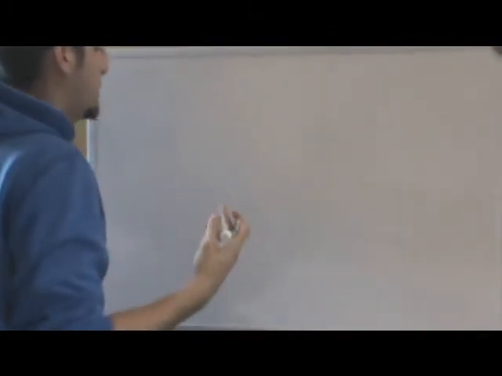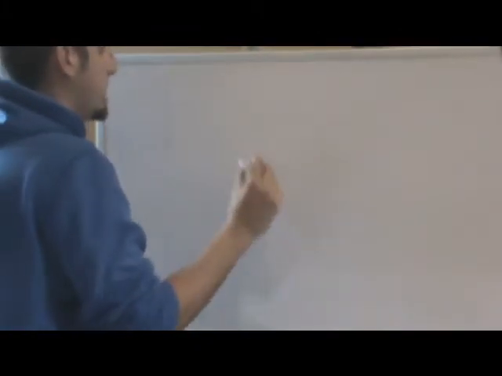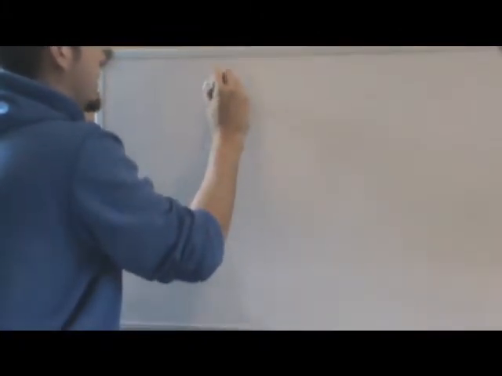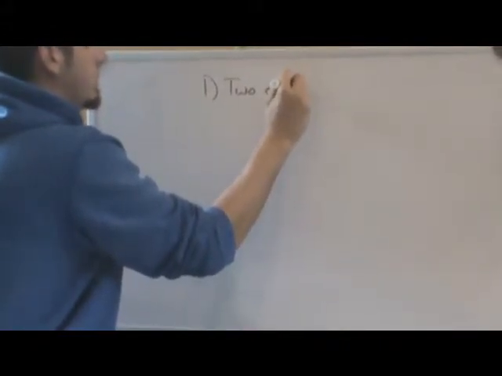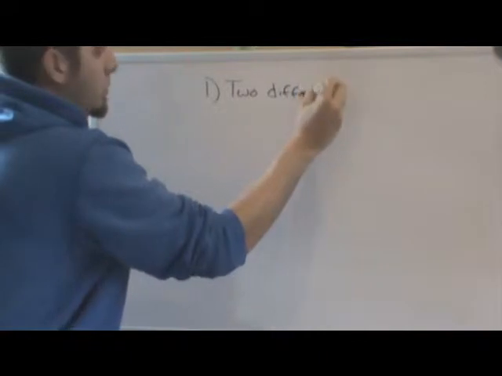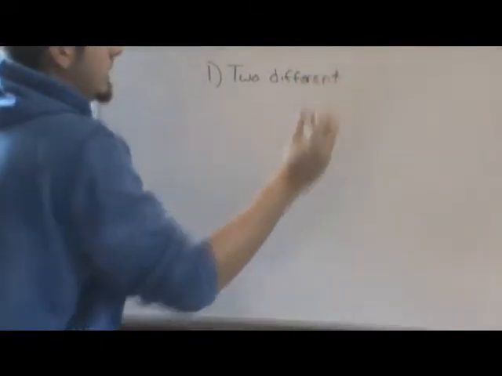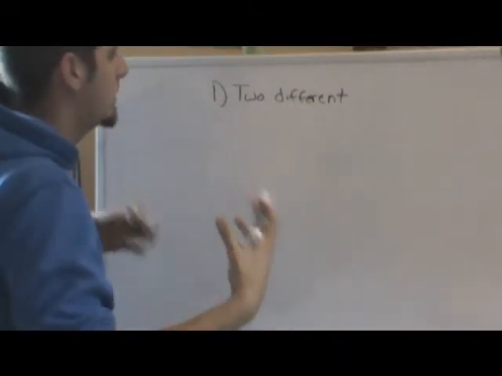Now, the way you can identify a linear equation just by looking at it is you're looking for three things. If you have a linear equation, then you have two different variables. So x and y, a and b, c and d. You can't have a and a, you have to have two different variables.